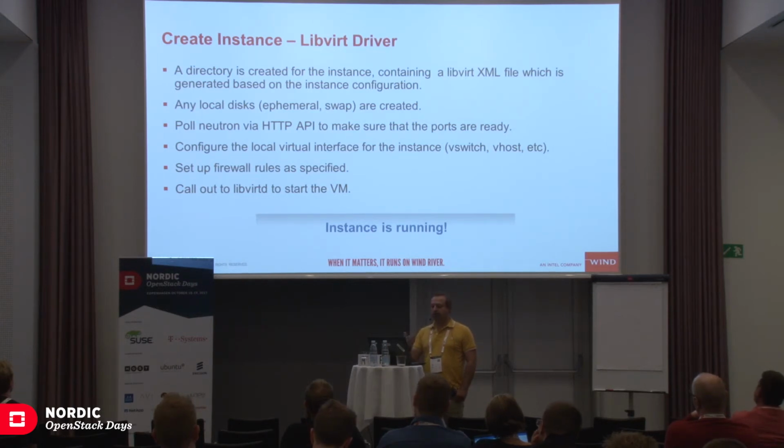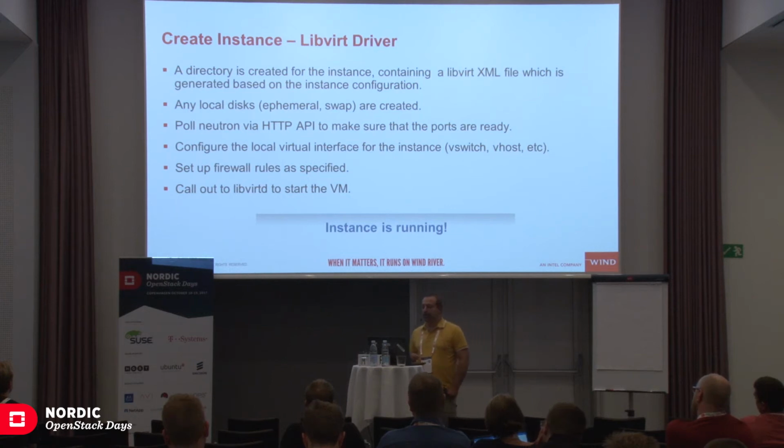Then you poll Neutron to check the networking that is in place for your instance. Finally, you configure the networking you need for your instance to talk through the host out to the world. You configure your vSwitch, vHost, or whatever technology you are using to give connectivity to your instance.